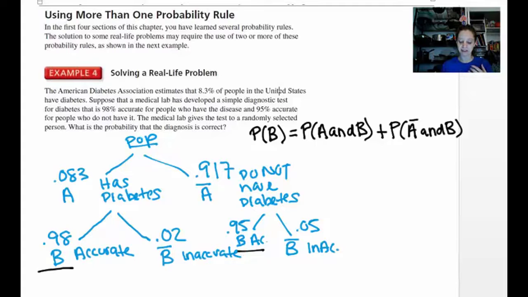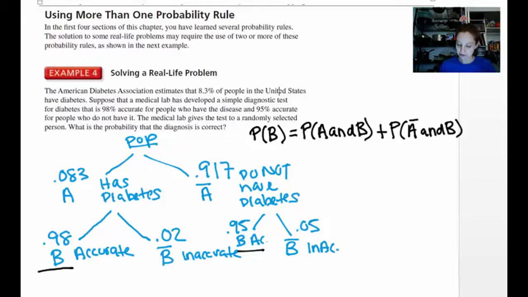That is having diabetes and getting an accurate result, or not having diabetes and getting an accurate result, right? We're trying to figure out the probability that the diagnosis is correct. Not that you have diabetes, but that the test is correct.